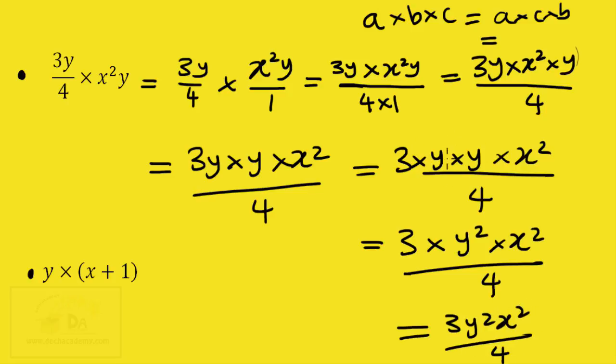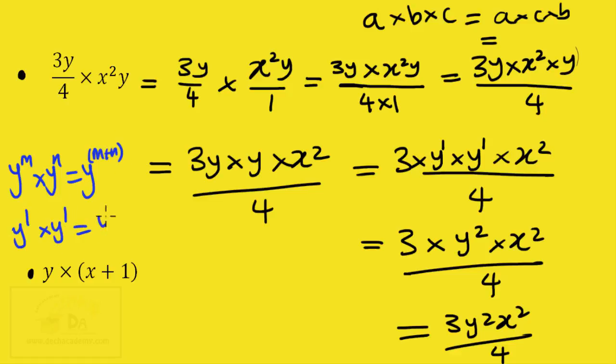Now in case you missed what I was saying here, I'm saying y times y is the same thing as y to the 1 times y to the 1. And recall, y to the m times y to the n is equal to y to the m plus n. So y to the 1 times y to the 1 is equal to y to the 1 plus 1, which is y to the 2.